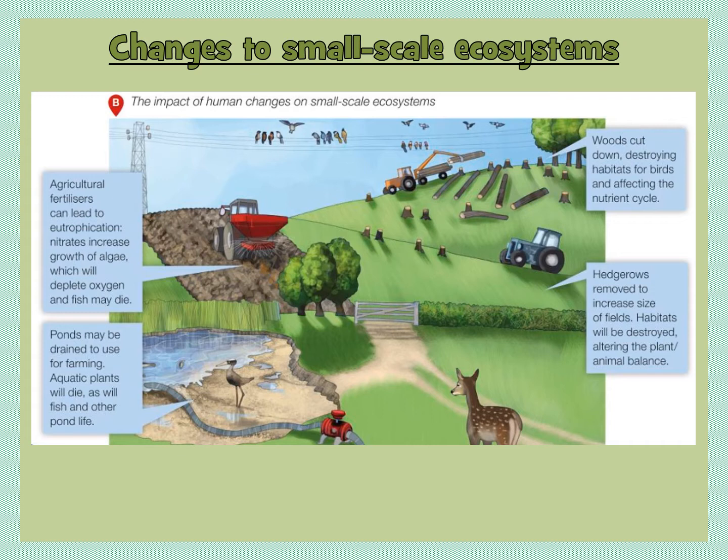So we can see here that we've got woods being cut down, deforestation happening, really common across the UK for things like building roads, the new HS2 high-speed rail link that's going to go across the UK is going to result in a lot of trees and habitat being cleared, and that destroys habitats for birds and affects the nutrient cycle.